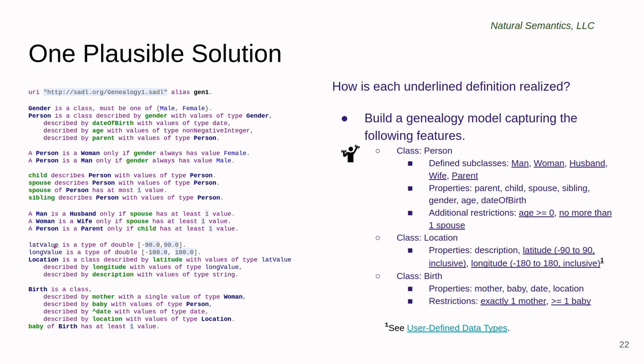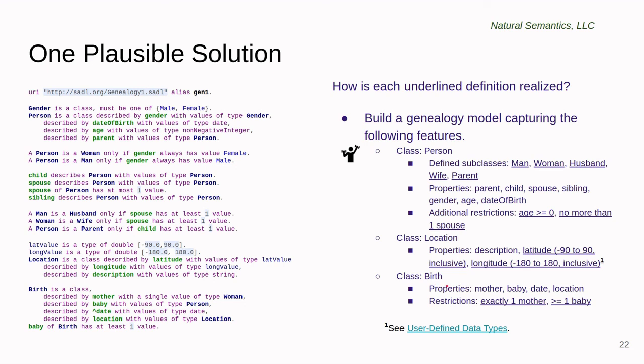So that is a user-defined data type lat value, and then we give latitude the range lat values. So all values of latitude have to come from this range, doubles in the range of minus 90 to plus 90 inclusive. We do the same kind of thing for longitude, for long value, except here the inclusive range is minus 180 to 180, and again we just use it as the range.